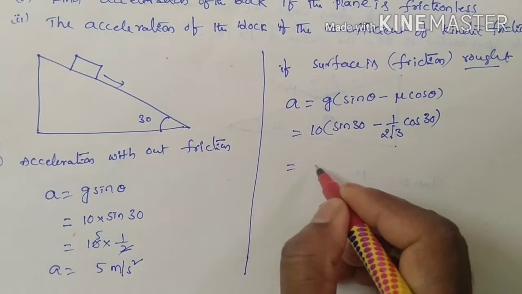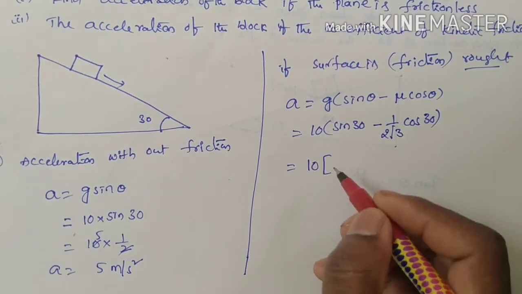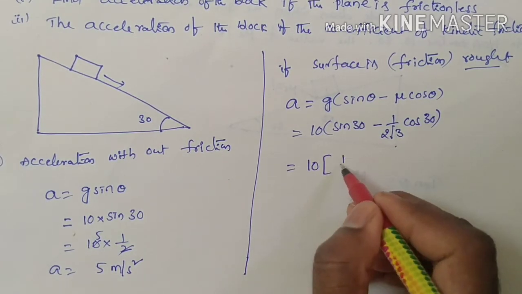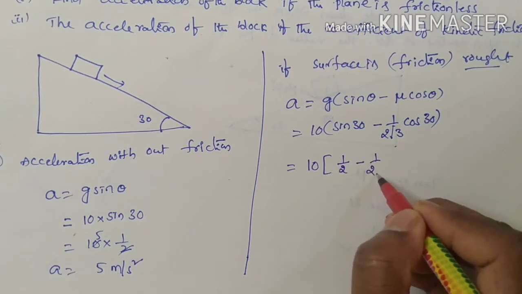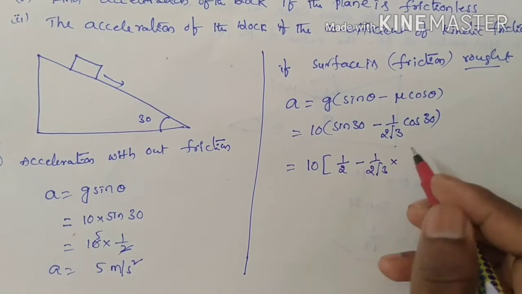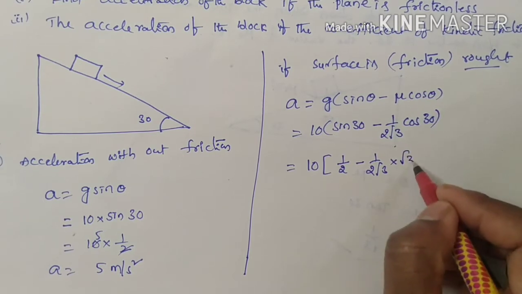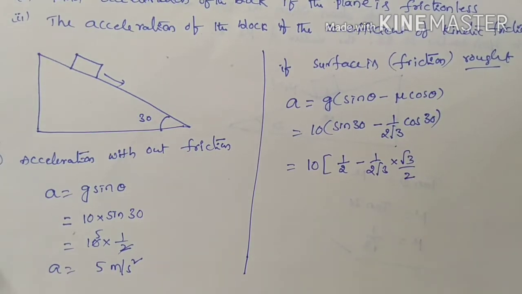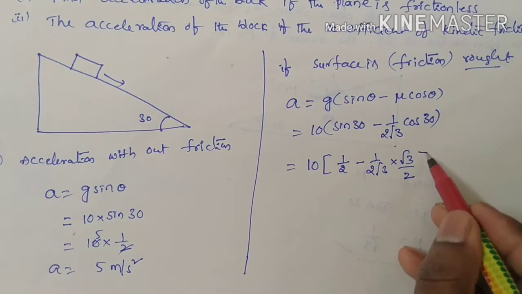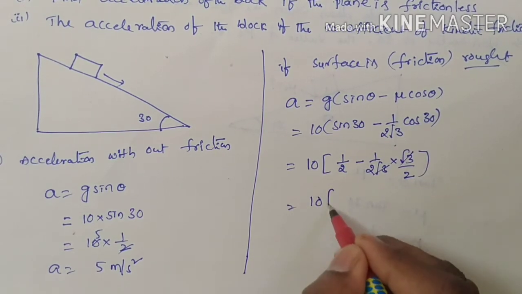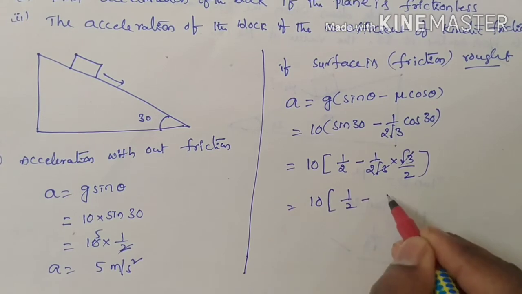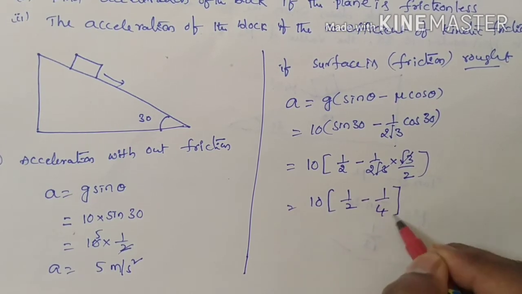Now here 10 into sin 30. Sin 30 is equal to 1 by 2, minus 1 by 2 root 3 into cos 30. Cos 30 is equal to root 3 by 2. Now here root 3 gets cancelled. That is equal to 10 into 1 by 2 minus 1 by 4.